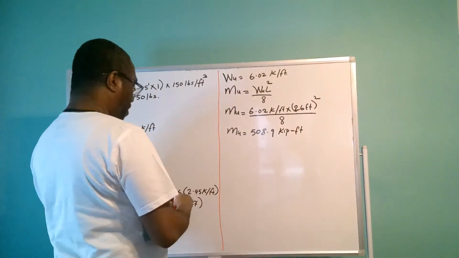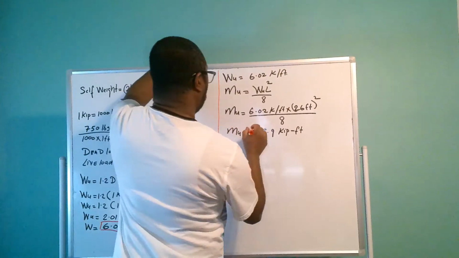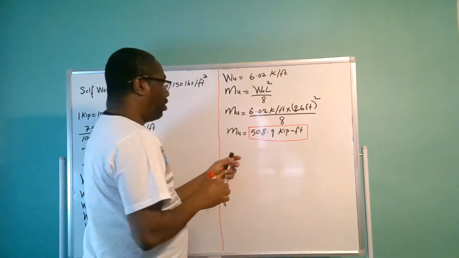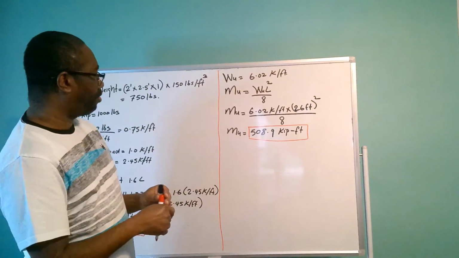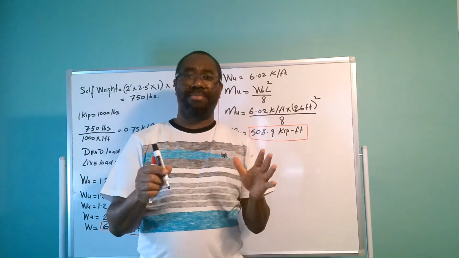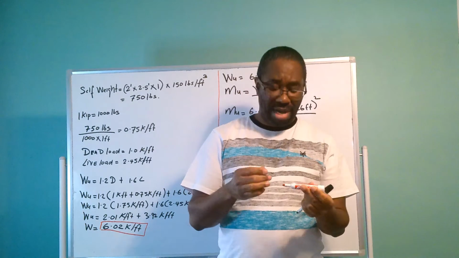So the maximum bending moment on our beam is going to be equal to 508.9 kip-foot.